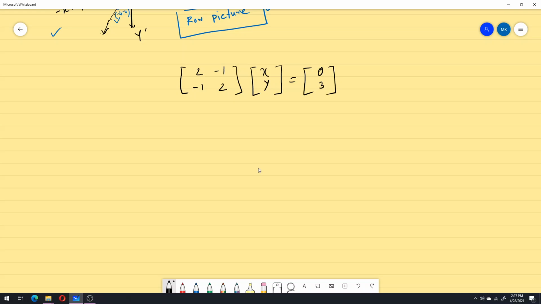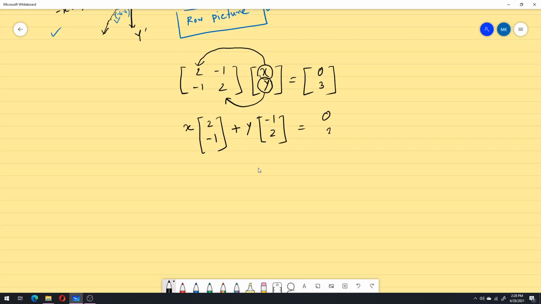That approach is that you take one element of the vector and multiply it with the first column, you take the second element and multiply it with the second column. So that approach would be x multiplied by [2, -1] plus y multiplied by [-1, 2] equals [0, 3], right?